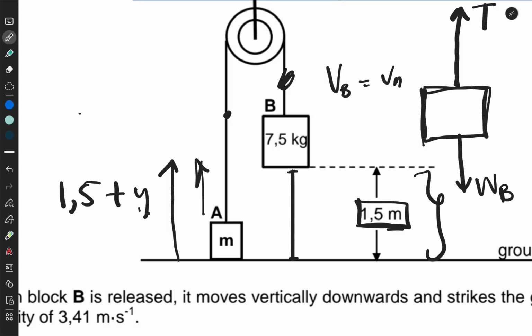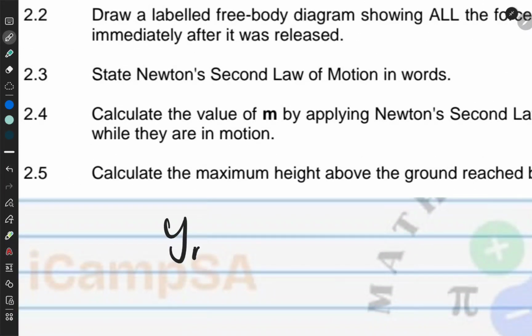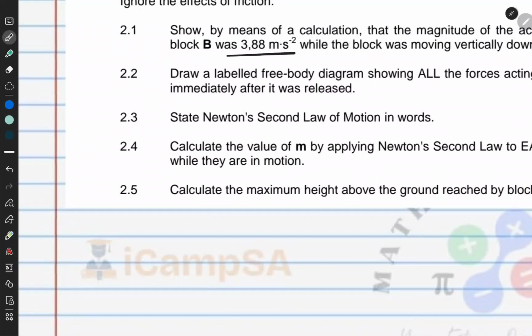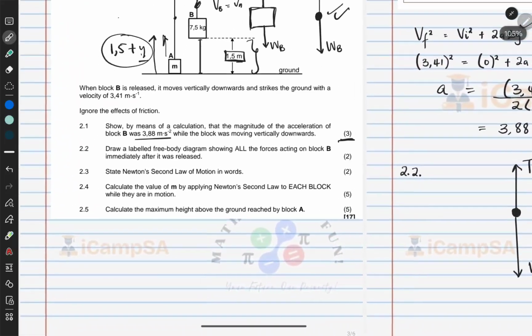So we want this y so we can add it to the 1.5 and therefore find our y max, which is what this question wants. It's something that you had to think about, but that's what will essentially happen. Okay, let's see if we can find it.